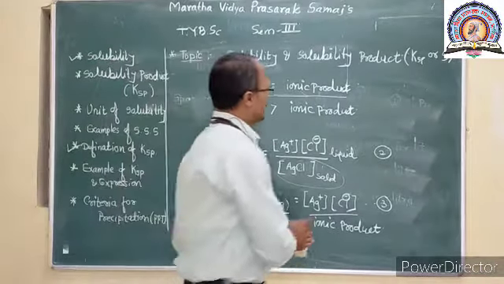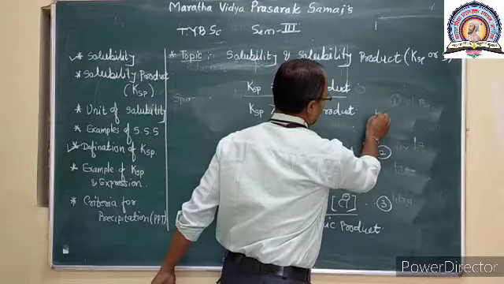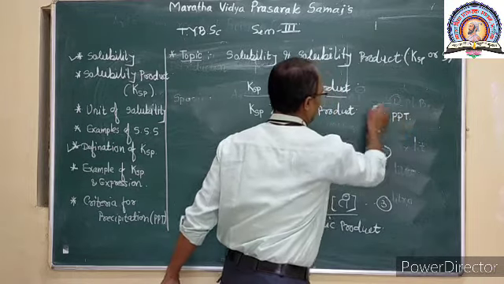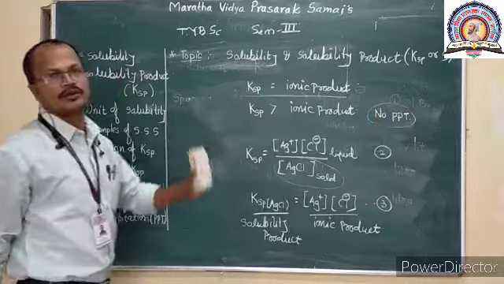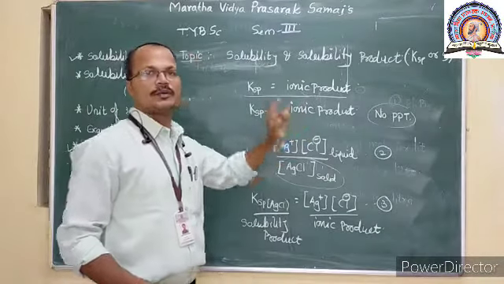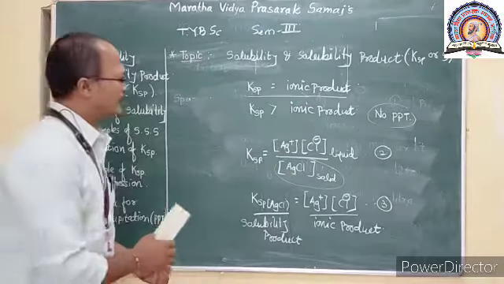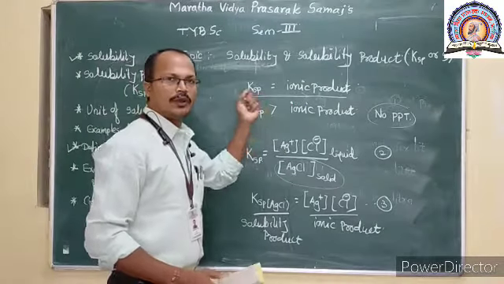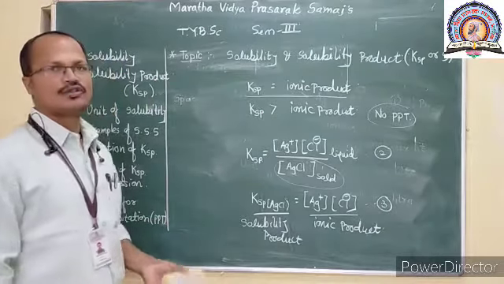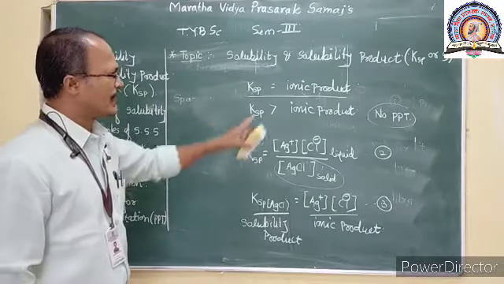No PPT will form, because the solubility of that salt is more than its ions present in the solution, so no PPT will be obtained where the solubility product is greater than the ionic product.